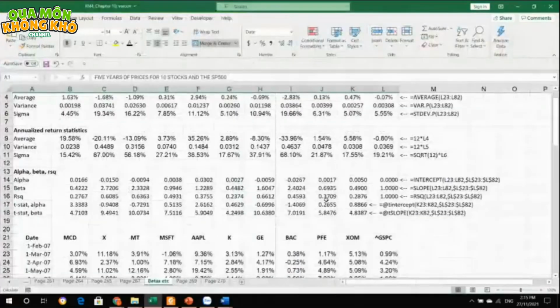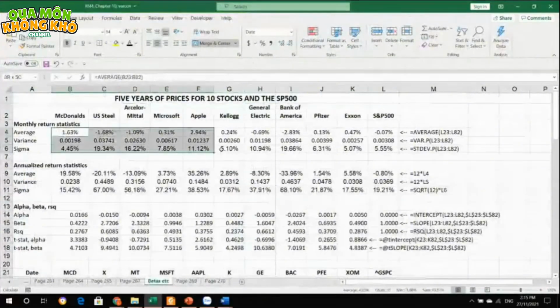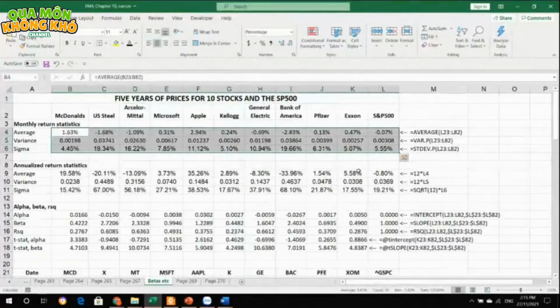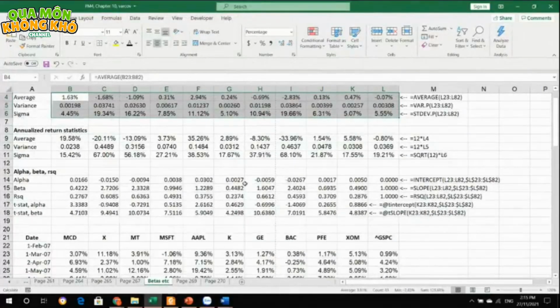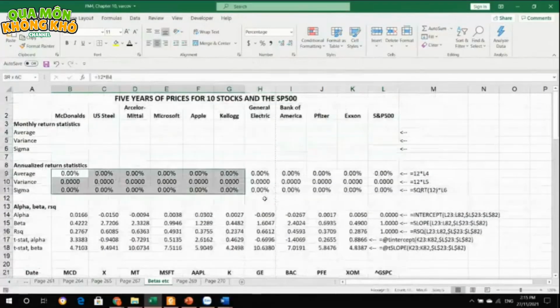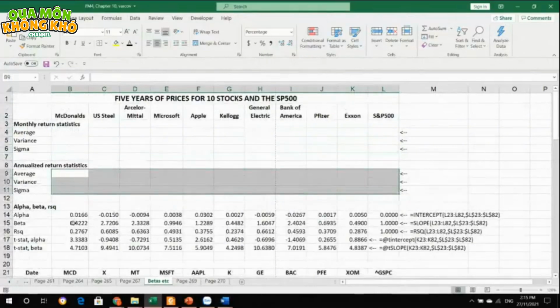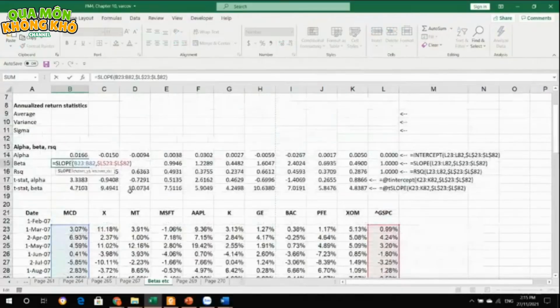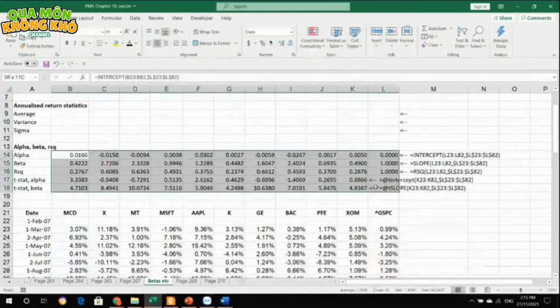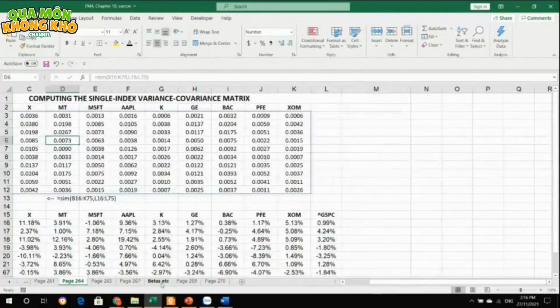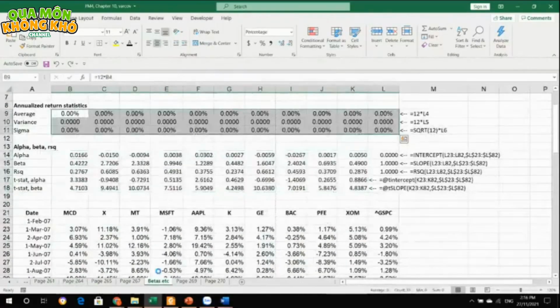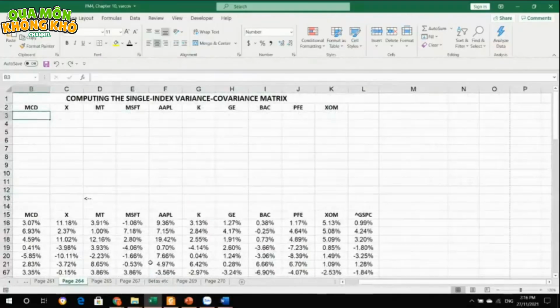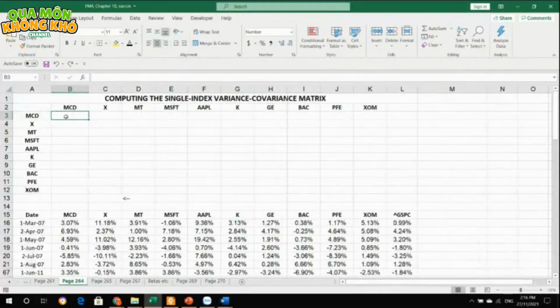So here we start with this. Not this sheet, just go back to the data we already used. No, the one where you used the sim function.